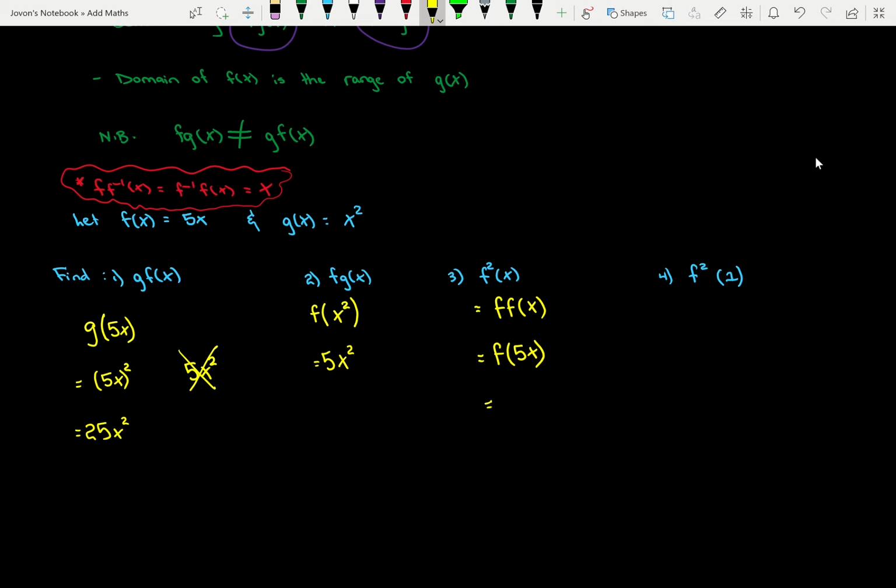So this would be equal to 5 multiplied by 5x, which is equal to 25x. Now if I want to find f squared of 1, we already have the expression for f squared of x, so all we do now is substitute the value 1. This would be equal to 25 multiplied by 1, which is equal to 25. It's pretty much as simple as that.